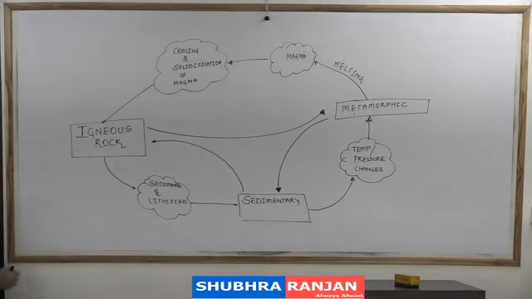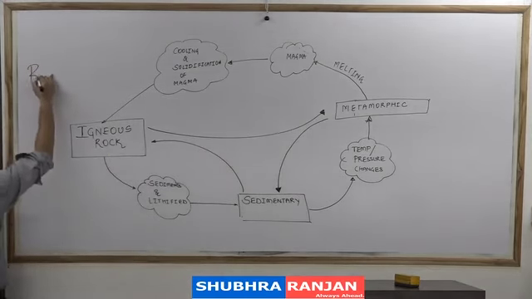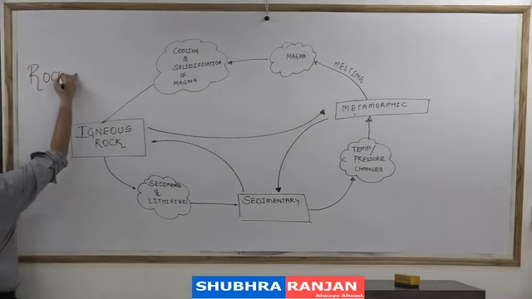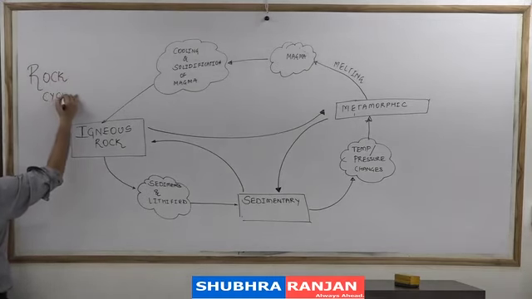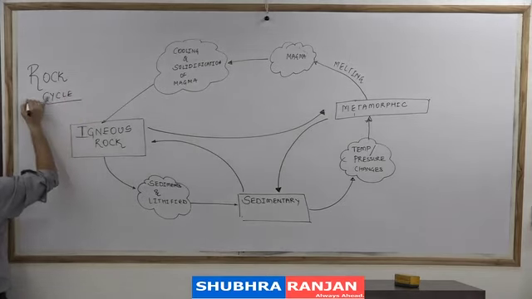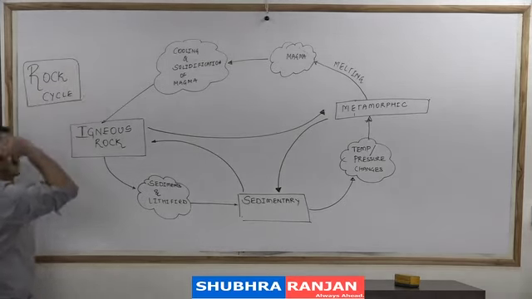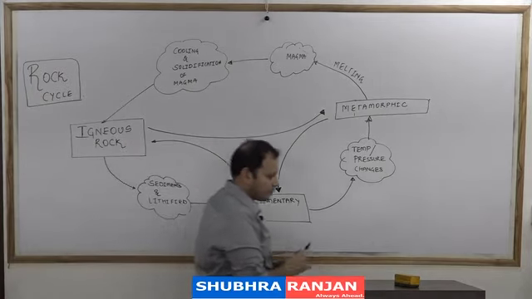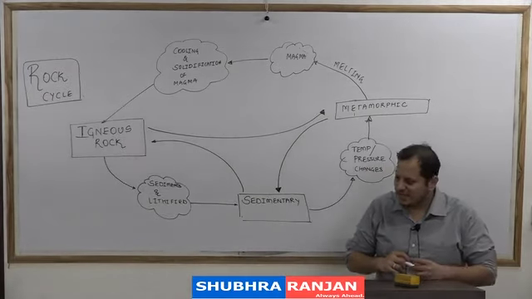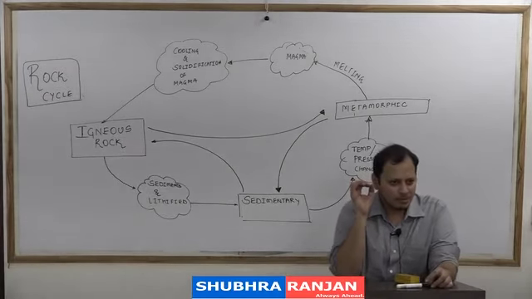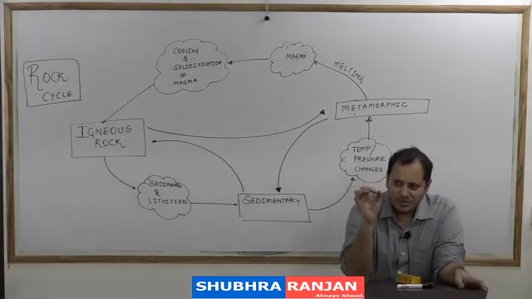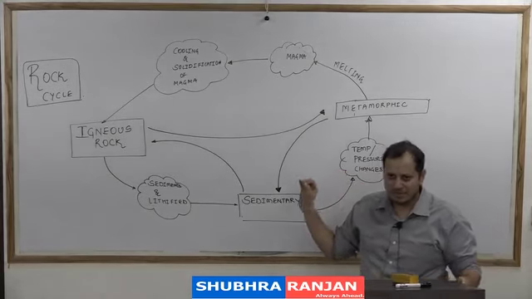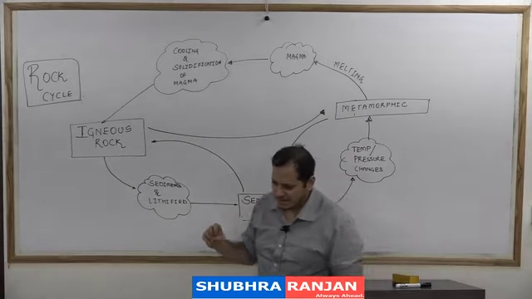So this entire process of how the rock changes is known as the rock cycle. NCERT has given the same diagram in a complicated manner. So this is a very simple diagram you can remember for the rock cycle.